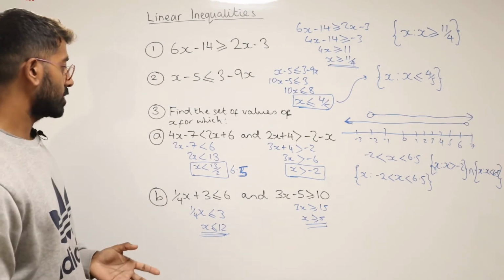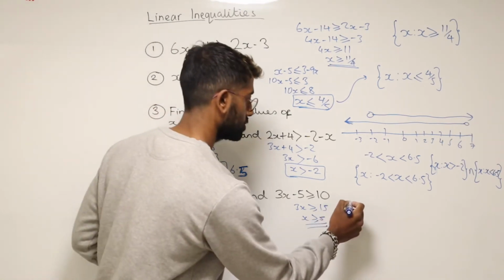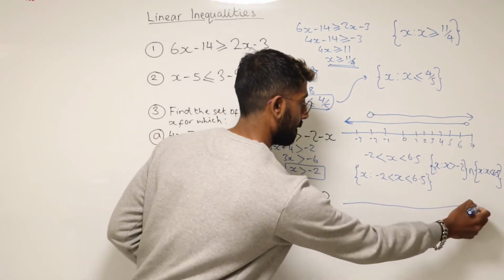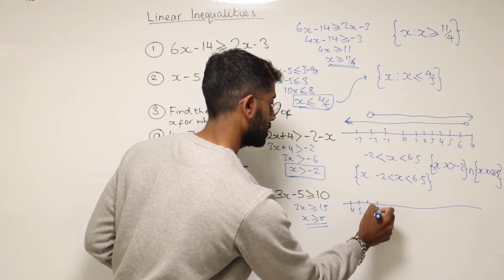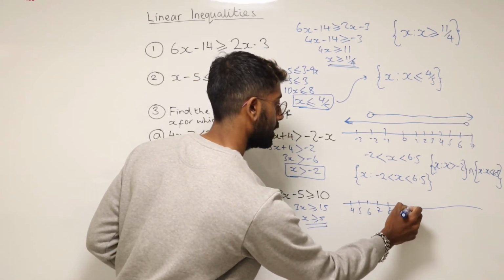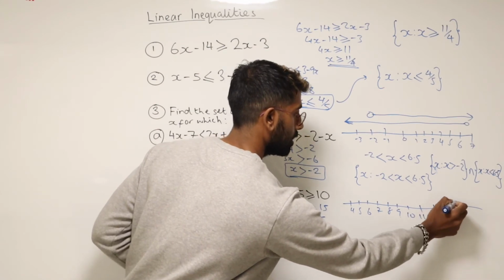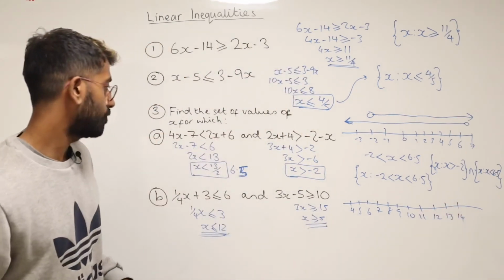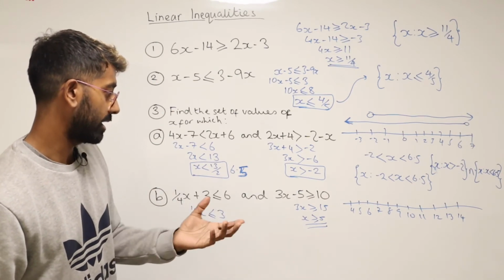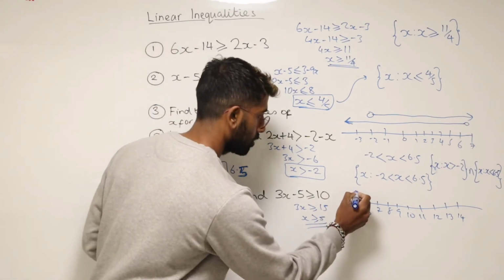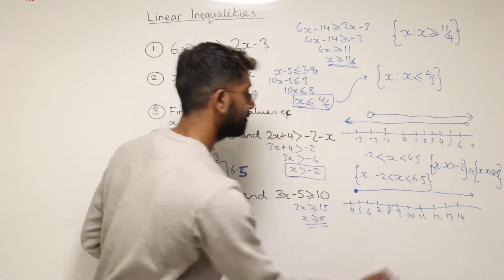So for this one as well, I'm going to draw a number line. So 5 and 12. So we're looking at maybe 4, 5, 6, 7, 8, 9, 10, 11, 12, and then we'll go up to 14. There we go. So what we're told here is the x values need to be bigger than or equal to 5, so that, and then going off in that direction there.